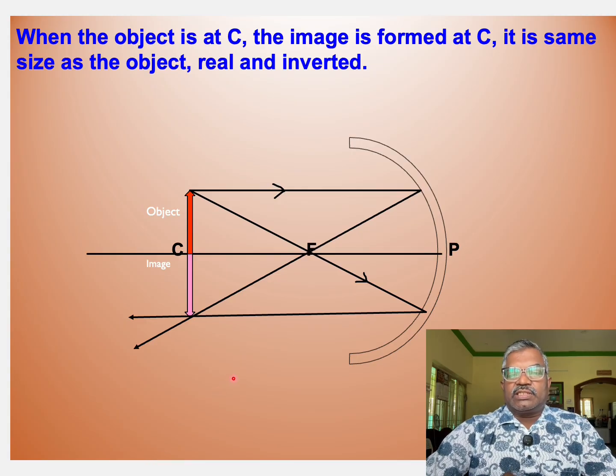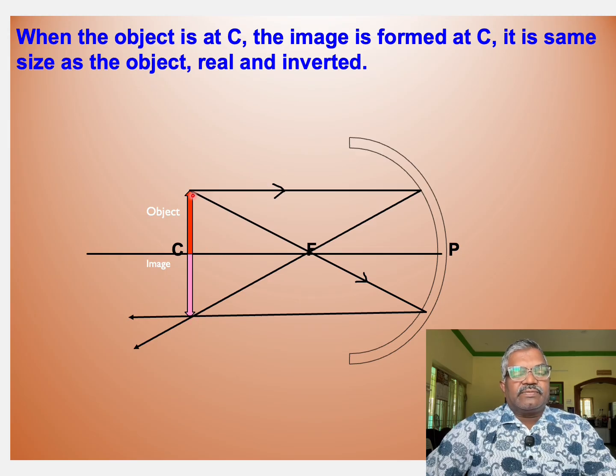The next position of the object is at C. Here you can see two rays emerging from the object. One is parallel to the principal axis. After reflection, it is passing through the focus.